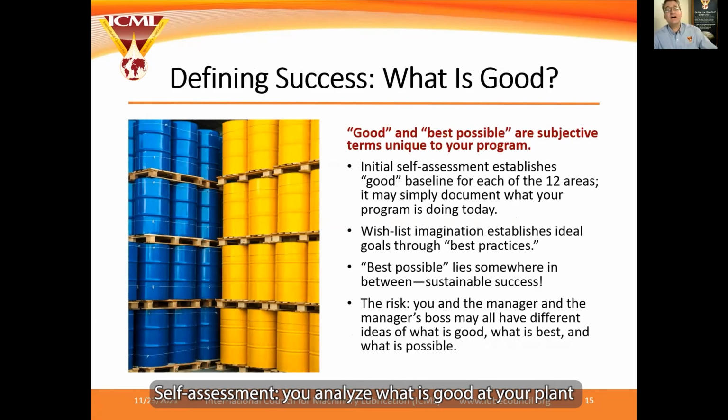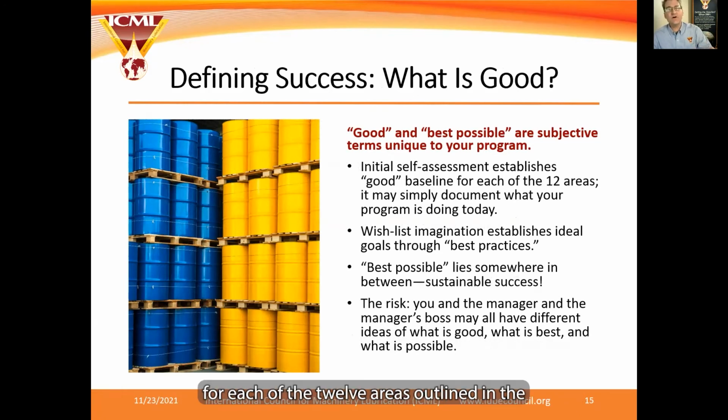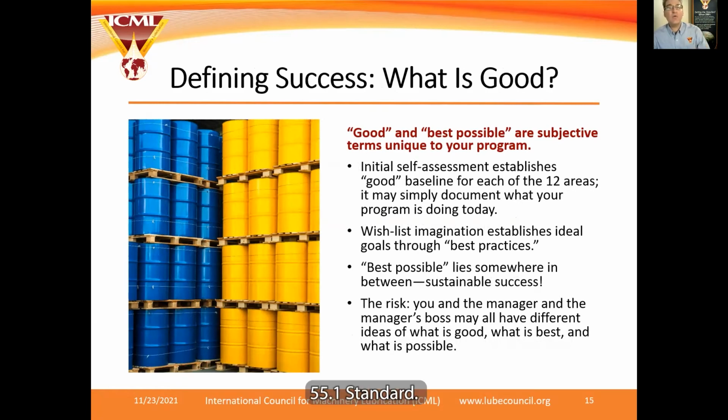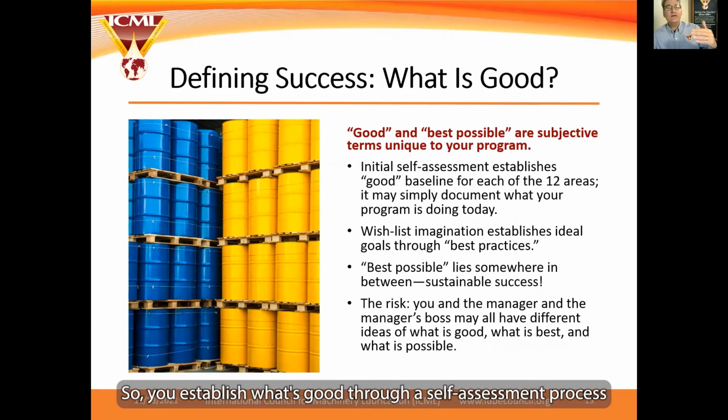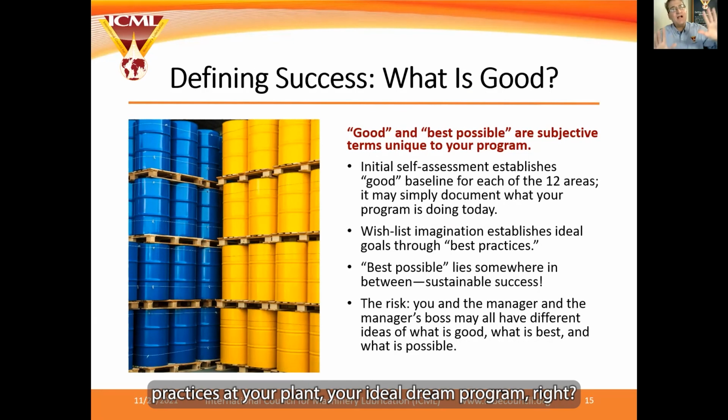Self-assessment. You analyze what is good at your plant right now, and you're going to do this for each of the 12 areas outlined in the standard, in the 55.1 standard. So you establish what's good through a self-assessment process. And then, with money being no object, you imagine what would be the best practices at your plant, your ideal dream program, right?